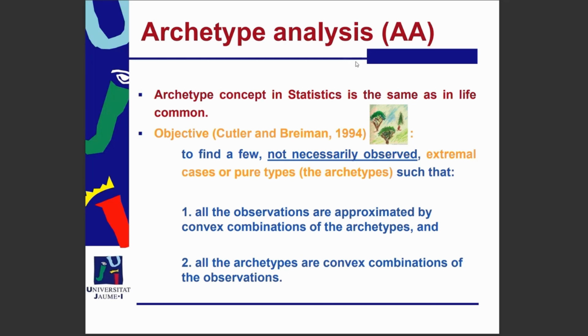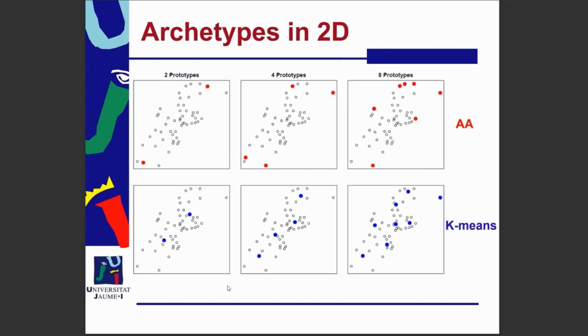The objective of archetypal analysis is to find a few, but not necessarily observed, this is important, extremal cases or pure types called the archetypes, in such a way that all the observations are approximated by a convex combination, a mixture, of the archetypes, and at the same time, all the archetypes are convex combinations, mixtures, expressed as percentages of observations. This makes it very easy to understand and interpret.